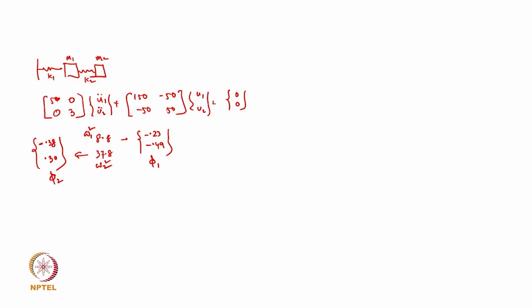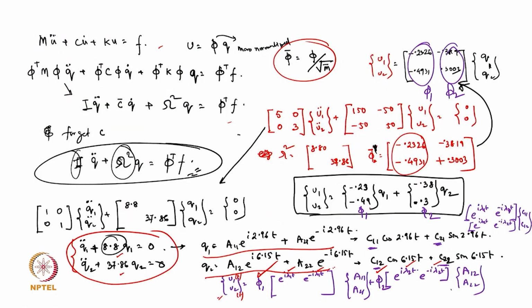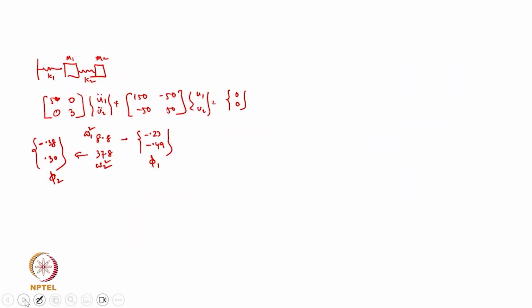Now we see that in the last case, once we take both modes and solve it, fantastically we are getting the result, the complete response. Means we have the full matrix, that is U equal to phi times Q. So maybe I'll write it again. That is U1, U2 equal to phi 1 times Q1 plus phi 2 times Q2.